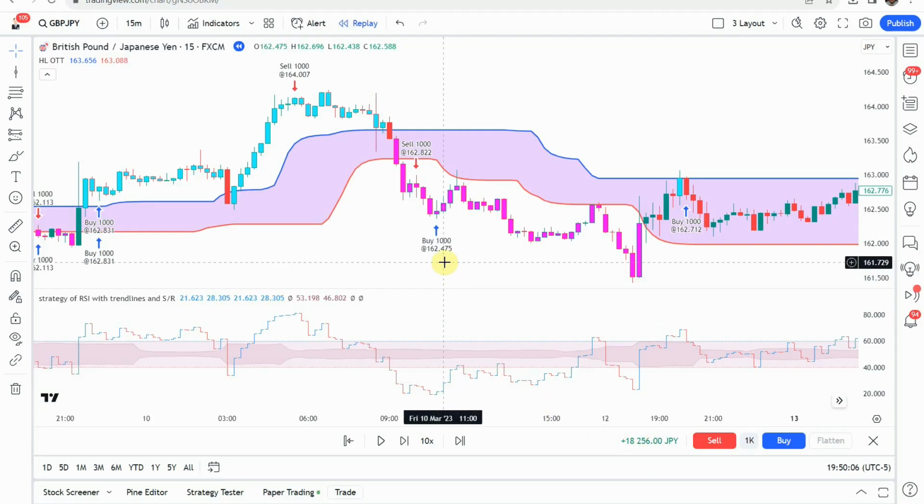So a nice strategy indeed, especially on the 15-minute time frame. Did really well, had a decent win rate, had a decent risk reward, and so a strategy definitely worth looking into. So this one is absolutely going to go on the winning list, and we will move on to the next video from here.